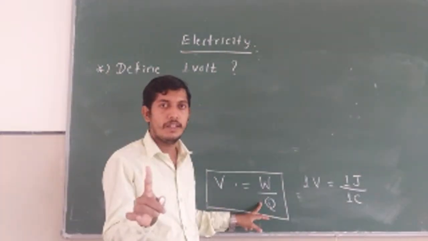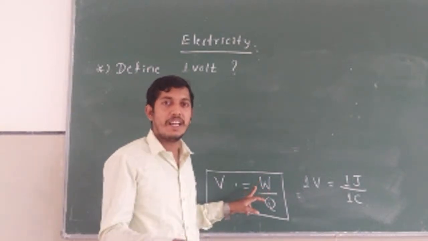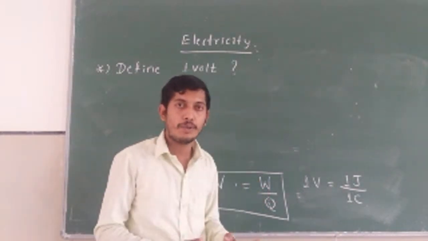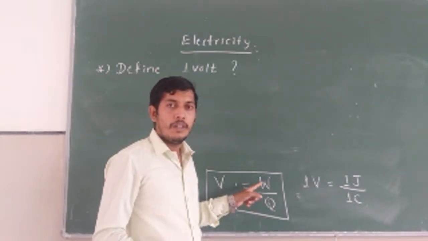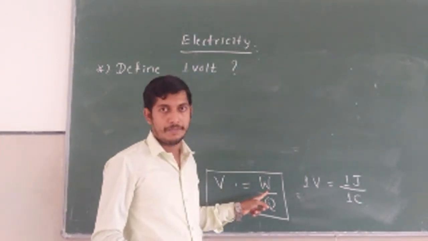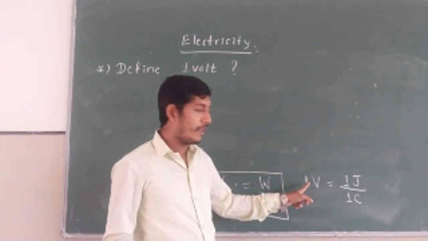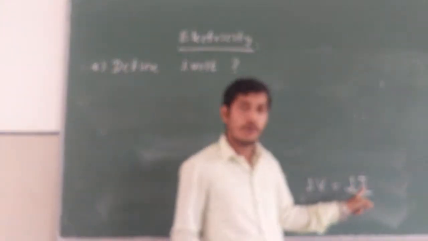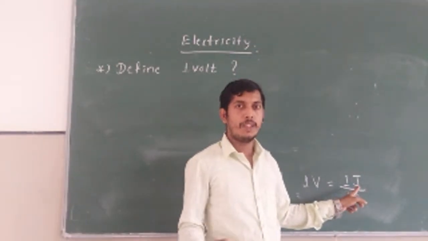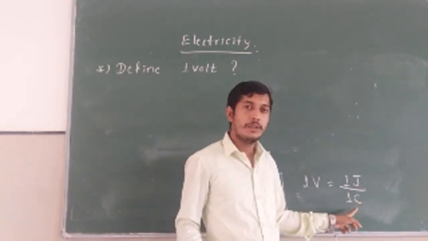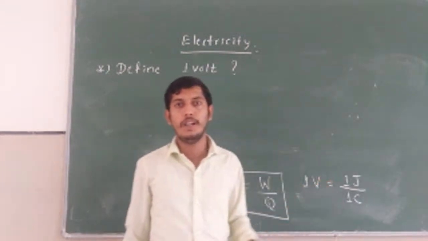To move that single charge, the amount of work we have to do is 1 joule. So when the potential difference is 1 volt, it is when and only when 1 joule of work is done to move a unit charge from one point to another point.